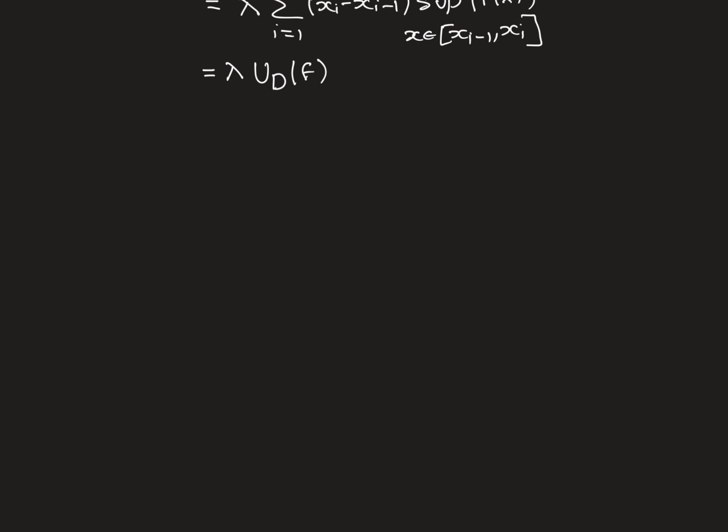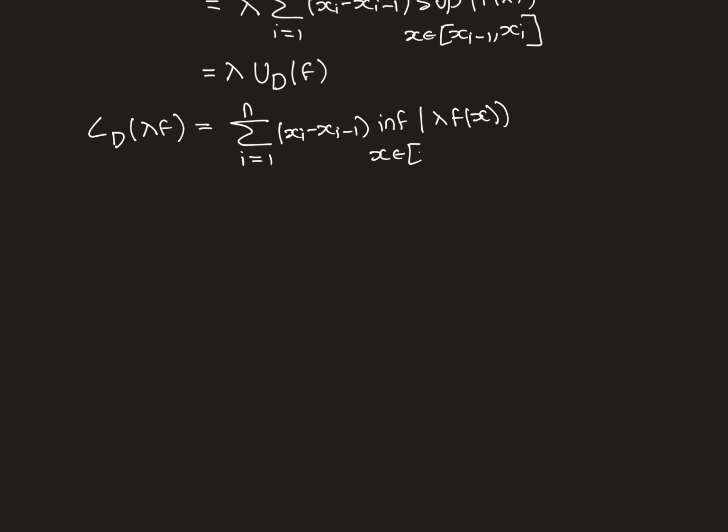Let's write that out as well. So if we consider the lower Riemann sum over a dissection D of lambda times f, by definition this is the sum from i equals 1 to n of (x_i minus x_{i-1}) times the infimum of the value of lambda f(x), which is just lambda times f(x), for x allowed to vary over that interval x_{i-1} to x_i.